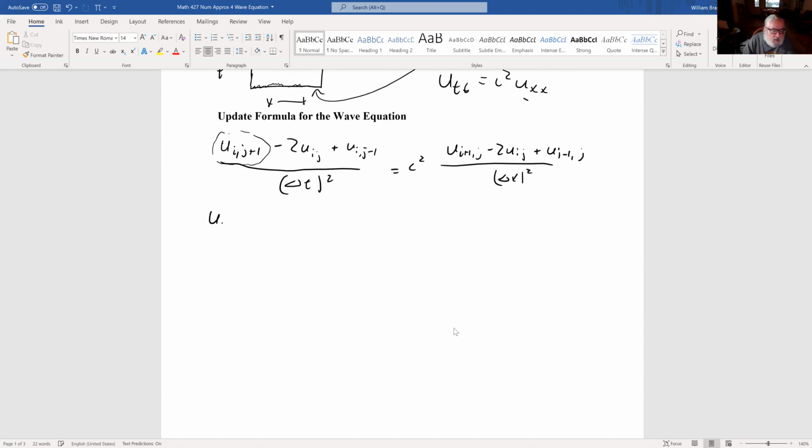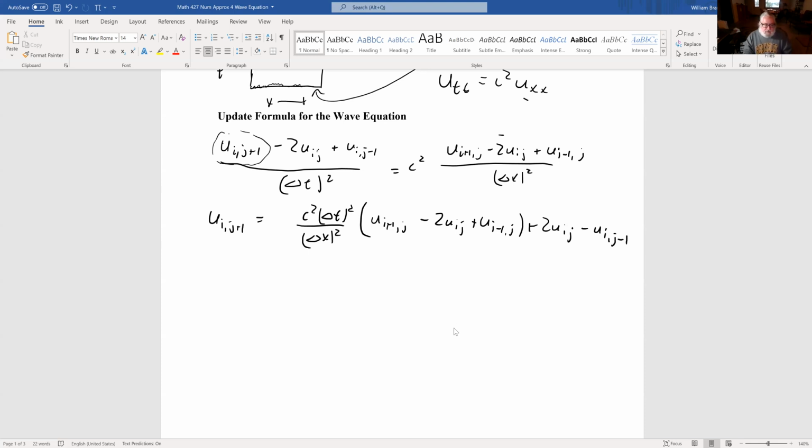So u i, j plus 1 is going to be equal to c squared delta t squared over delta x squared, multiply both sides by delta t squared, times the numerator on the right side, u i plus 1 comma j minus 2 u i j plus u i minus 1 comma j, plus 2 u i j, because we have to bring this over, and then minus u i, j minus 1. And those come over from the left side.